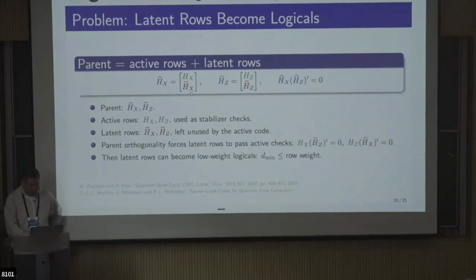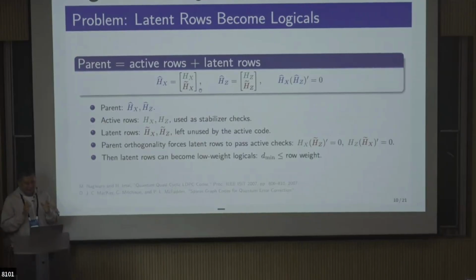We want the HX and the HZ to be as random as possible. From the parent construction, it has the latent upper bound. What we want to do is break the upper bound, and the rest of the remaining code is hopefully random.